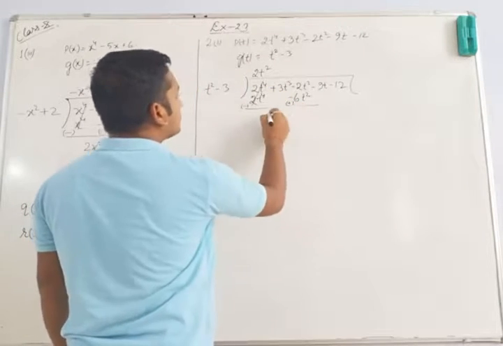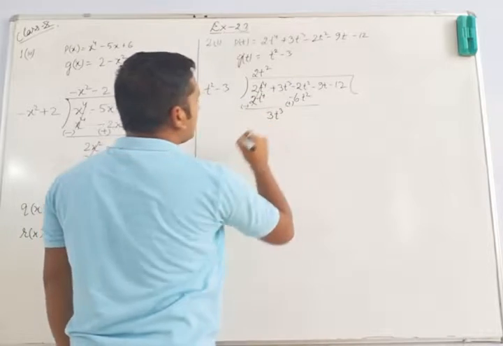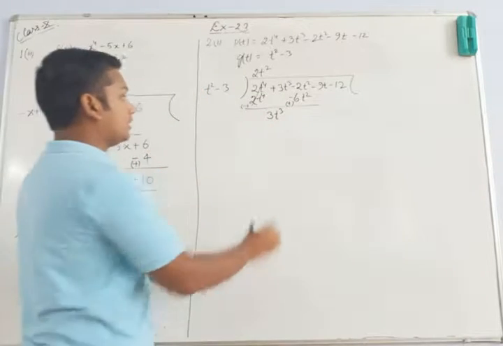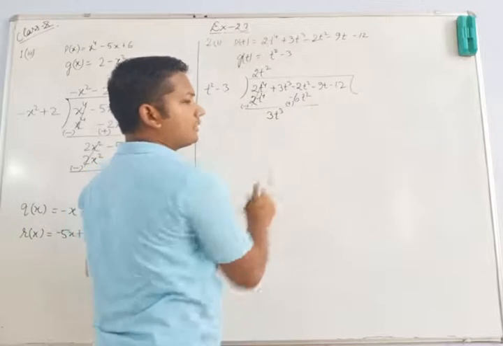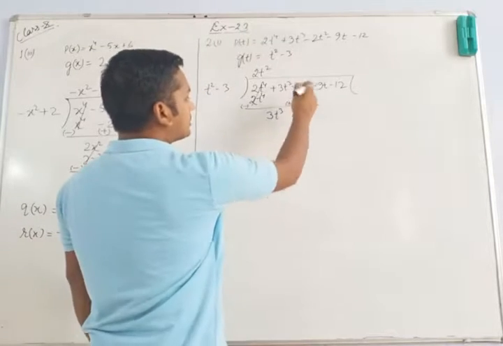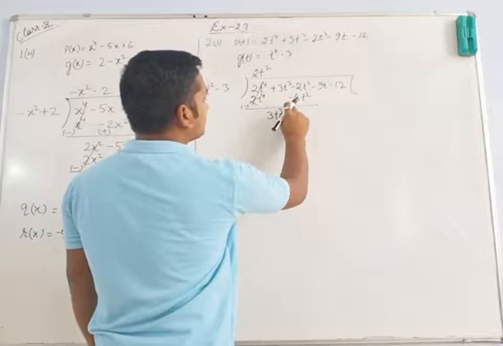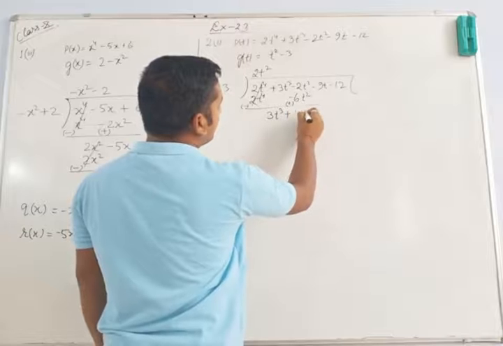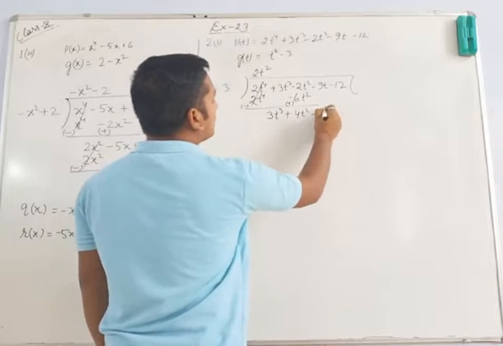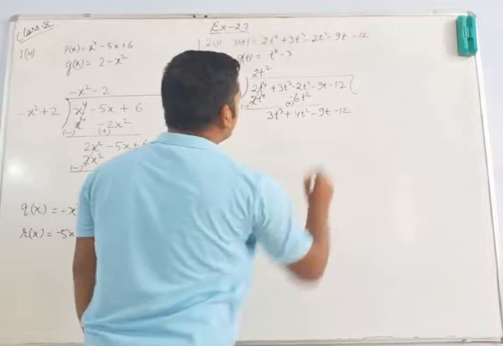This will be cancelled out, and it will become 3t cube minus, this is positive 6t square, and this is negative 2t square, so it will subtract. Since the bigger one is positive, we will be writing plus 4t square, minus 9t minus 12.